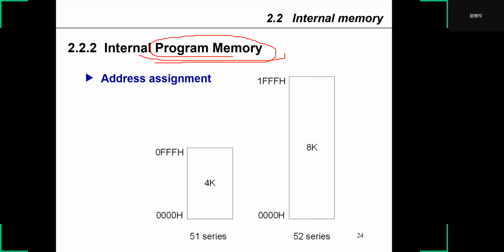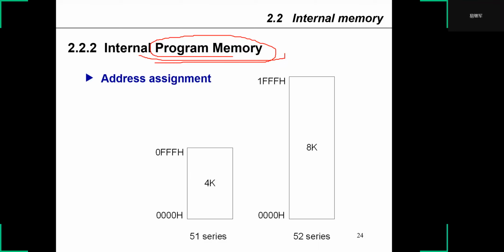You said there's RAM and there's ROM, right? RAM is for the data. When we run the program, we use the RAM. But the ROM saves the program, which cannot be changed.